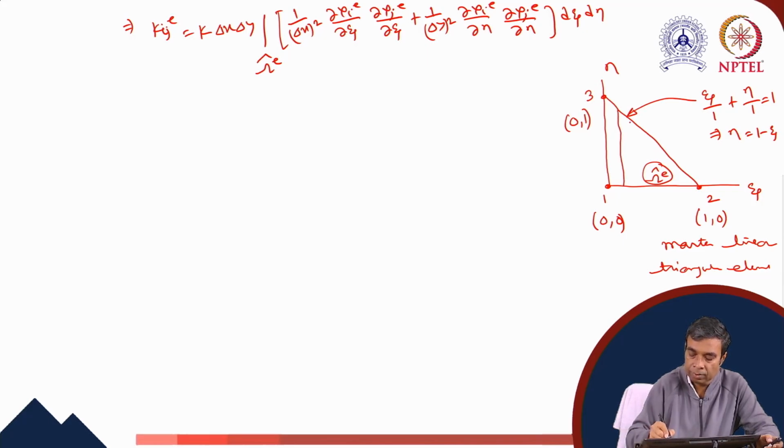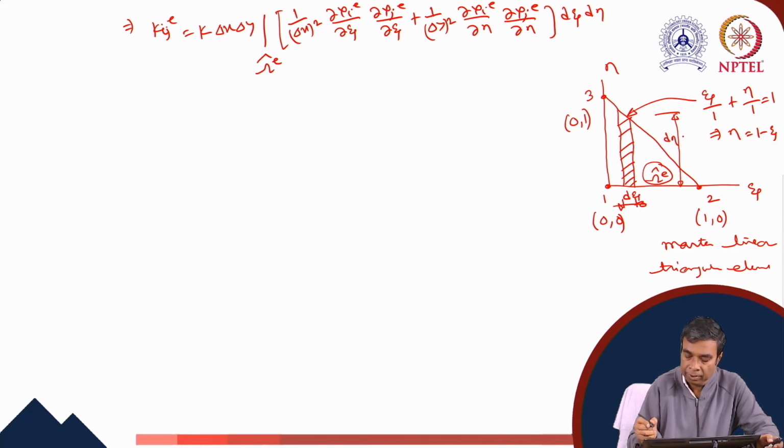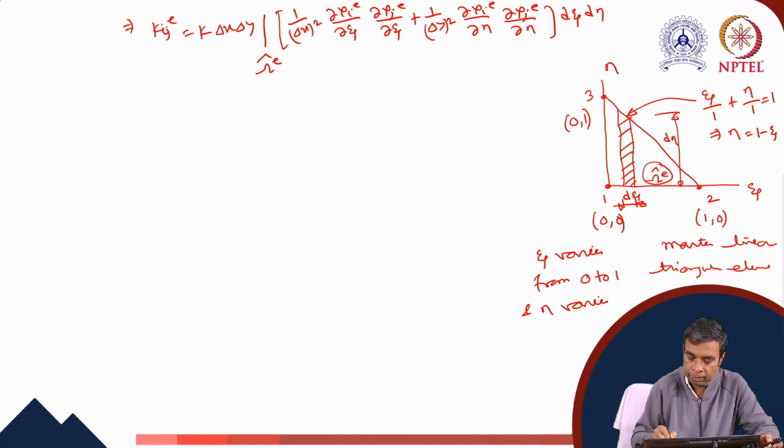Now if we take a narrow strip here, this strip has thickness d xi and its height is d eta. So xi varies from 0 to 1 and eta varies from 0 to 1 minus xi, by the equation of the straight line.